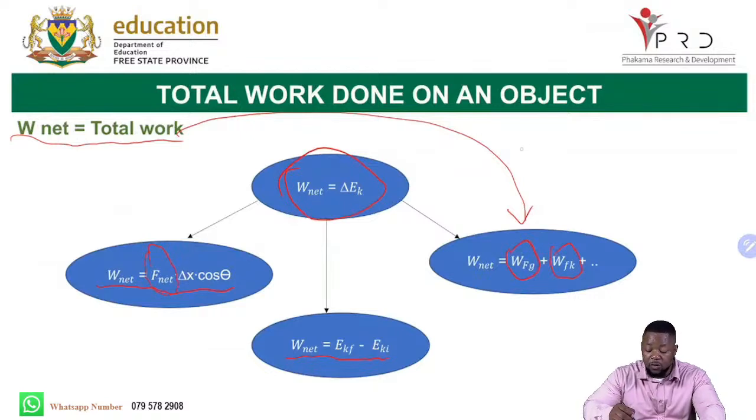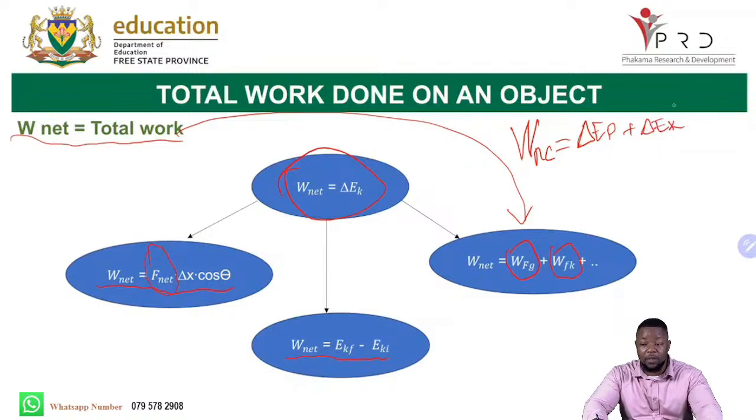There are other formulas as well: work done by non-conservative forces is equal to the change in potential energy plus the change in kinetic energy. Remember to copy these formulas as they appear on the data sheet.